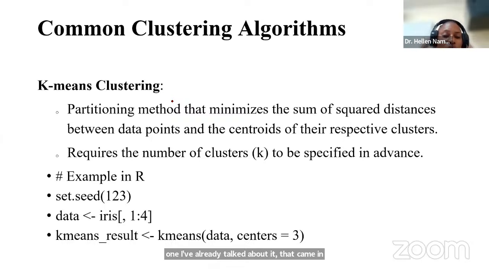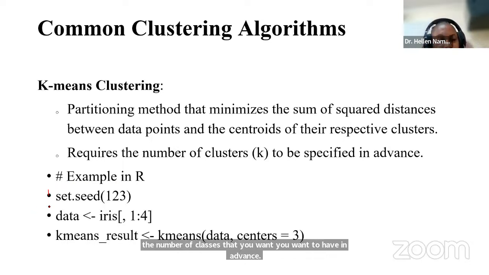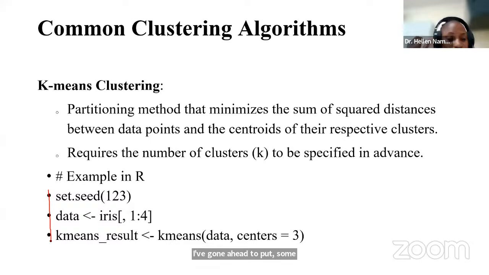Okay, so among the common clustering approaches, this one I've already talked about, the K-means clustering, where we said it requires you to state the number of clusters that you want to have in advance. I've gone ahead to put some commands that you can use, for example, in case you want to run it in R. Within the cluster self-read script that I sent, this is where you're going to find these particular commands, and then it will help you.